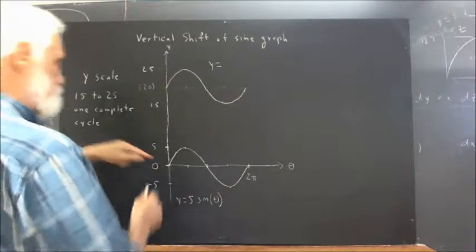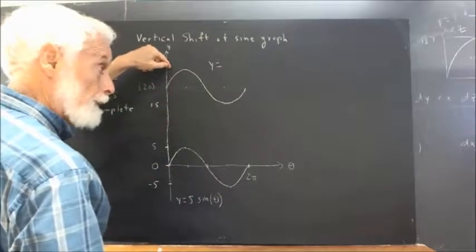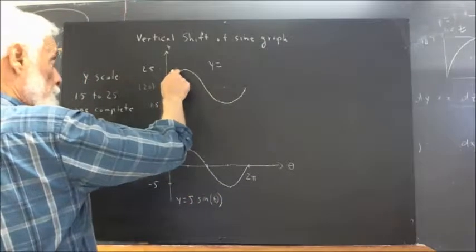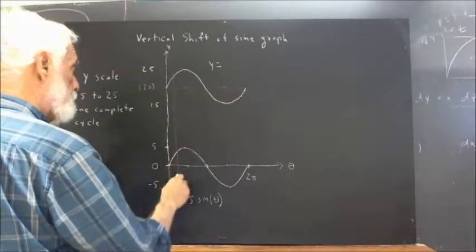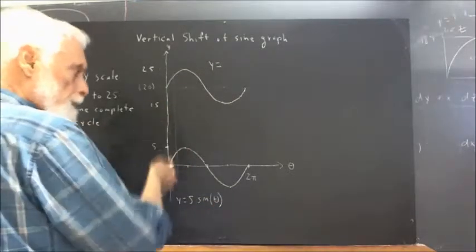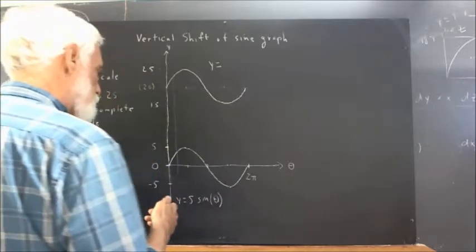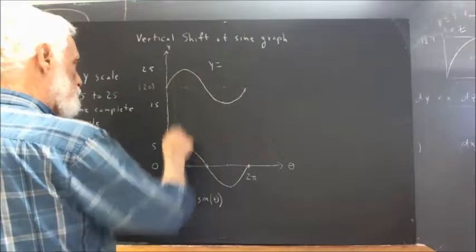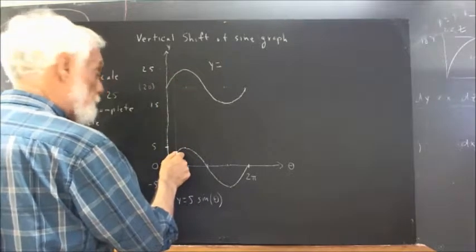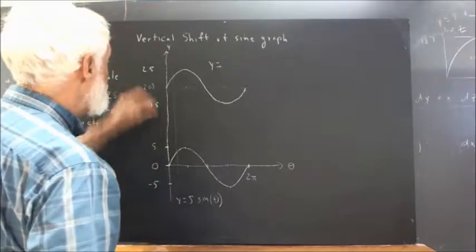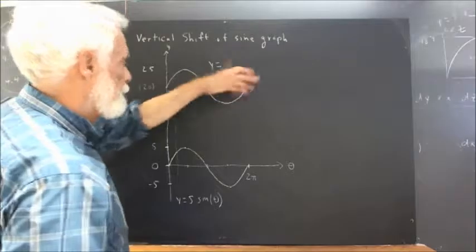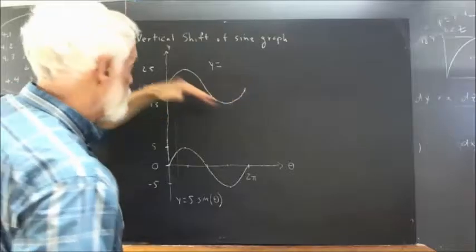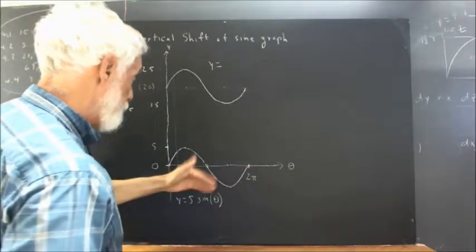Well, every point of this graph has to lie 20 units above the corresponding point of this graph. So if I was to draw a vertical line representing our theta coordinate or our horizontal coordinate, this point up here would have to be 20 units above this point, because of course our central horizontal axis for this sine function lies 20 units above this one.